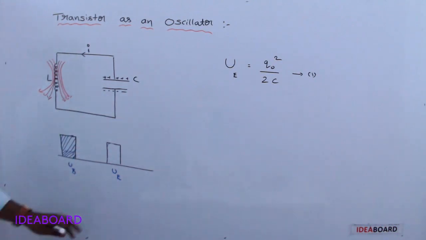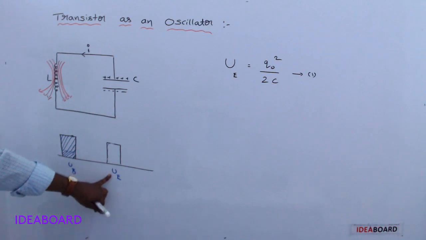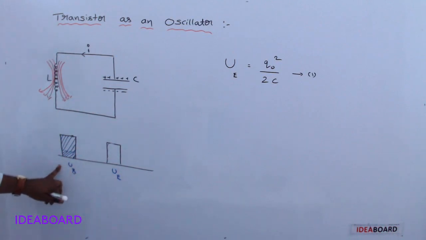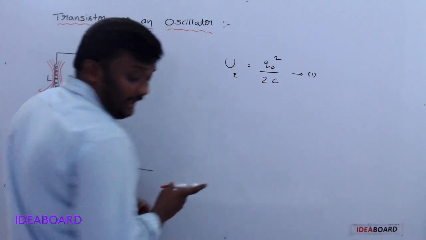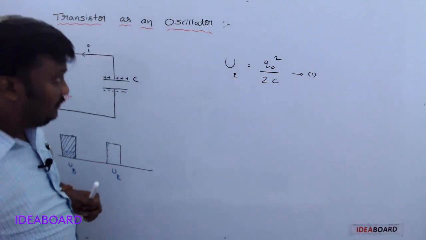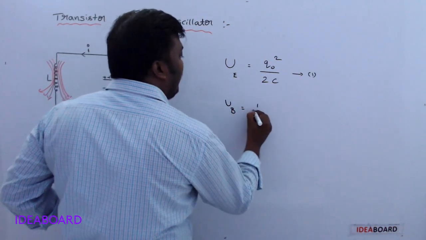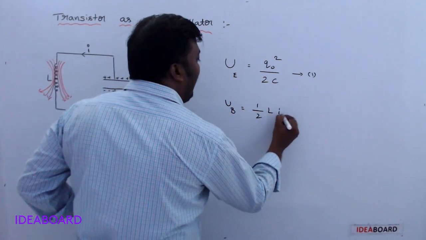The entire electrical energy of the capacitor is now converted into the magnetic energy of the inductor. The formula for the magnetic energy stored in the inductor is half L I naught square.